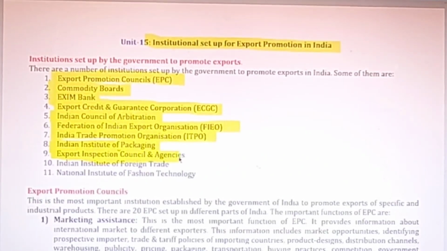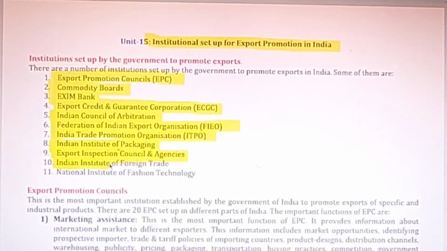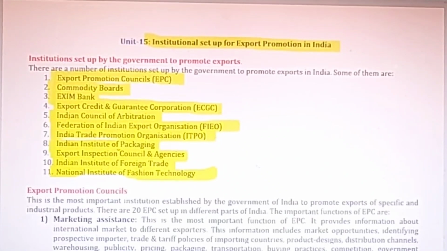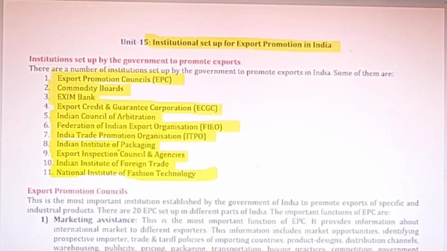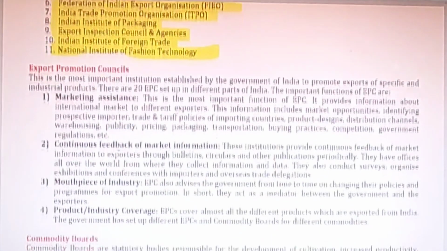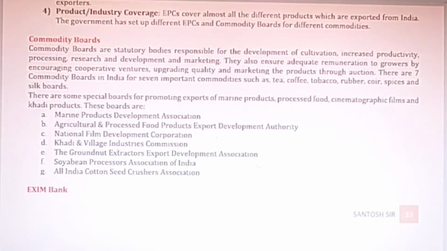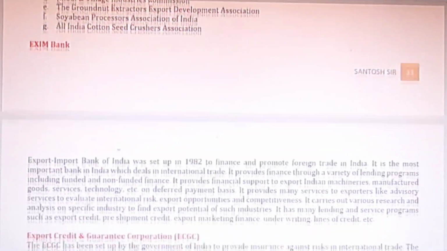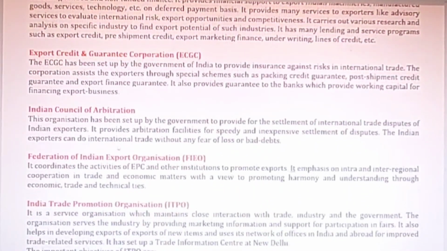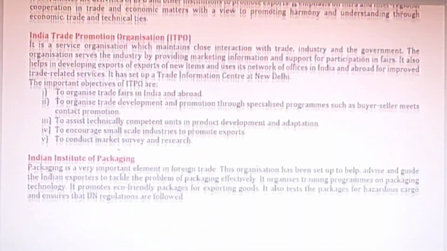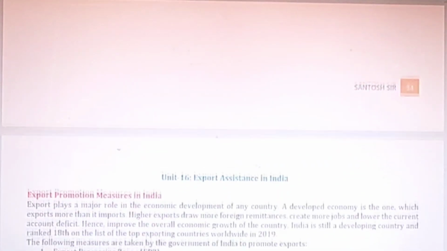Export Inspection Council and agencies are there to look after the quality of the export cargo. Then Indian Institute of Foreign Trade, and lastly National Institute of Fashion Technology. So these are a few organizations, and you must define their roles. This is what I've done here. This commodity board, then EXIM banks. So you should collect a little bit of information about them.